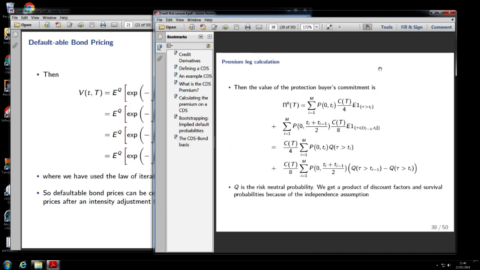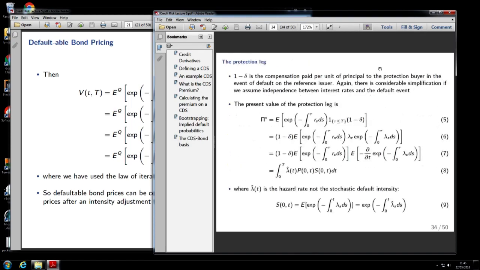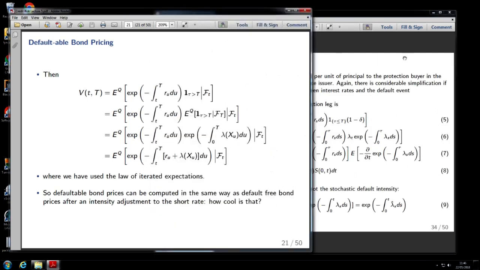When we did it here, this is essentially the same as this, right?